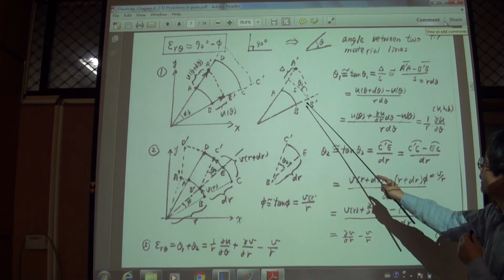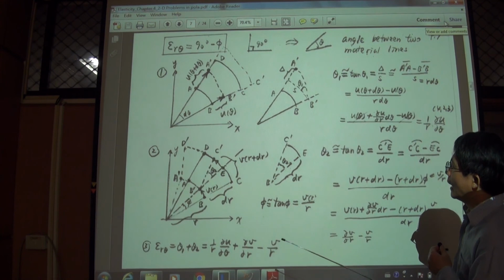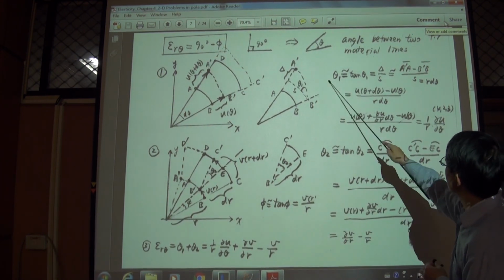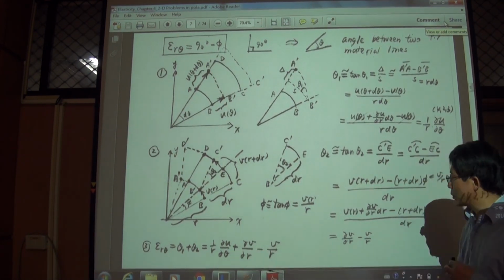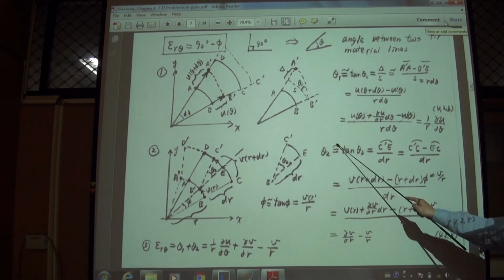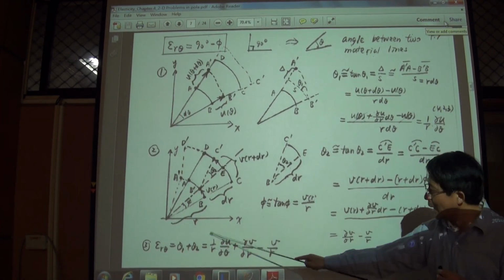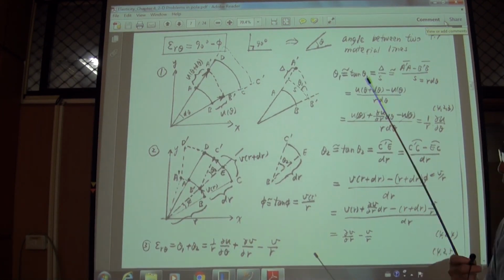This is theta 1 and this is theta 2. This will give us the shear strain.